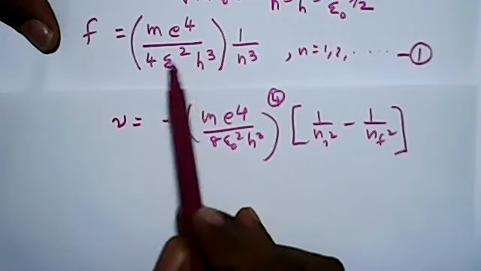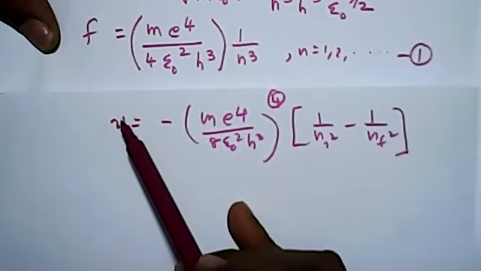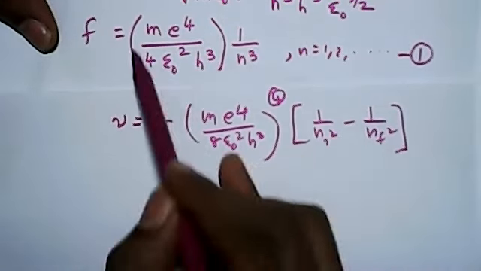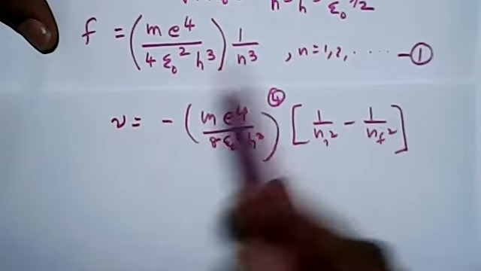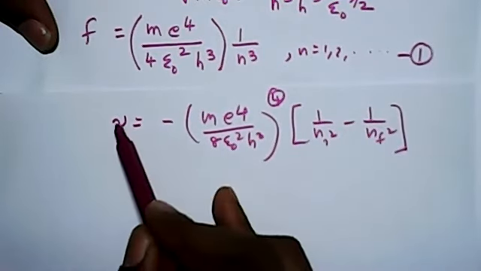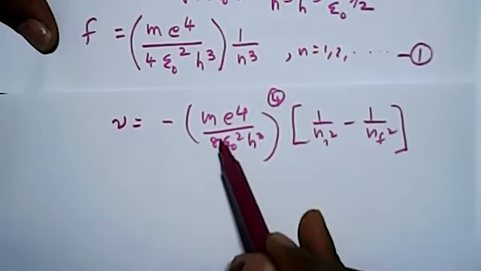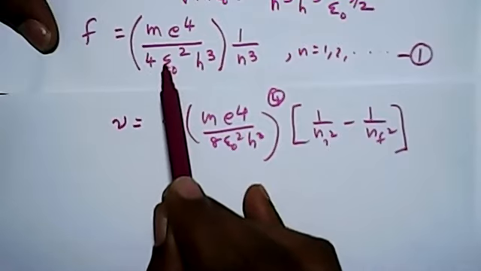From that, you can see that f and nu are the same. Is the idea clear? This is the frequency of rotation in an orbit at a very large quantum number. So at a very large quantum number, you apply this nu, and you can see that this expression will reduce into this one. Let us see how it is done.